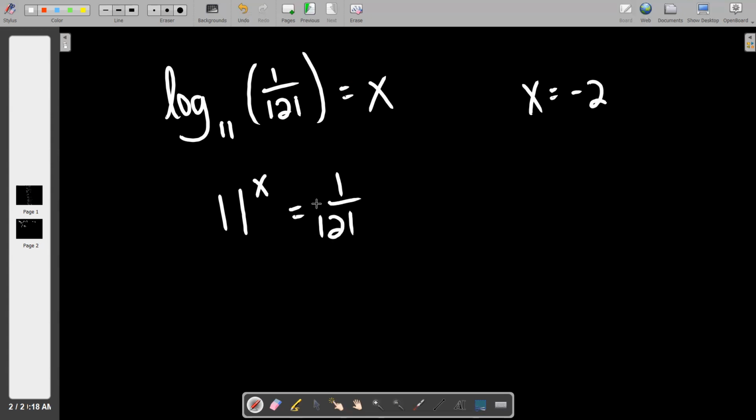And we've done enough of this to know now what's being asked of me. I'm being asked to find an exponent. The one thing we know for sure about our exponent is that it has to be a negative, right? That's the only way 11 is going to flip down to become 1 over something. And then you just say, how many 11s do I need to make a 121? 2. Any questions on that?